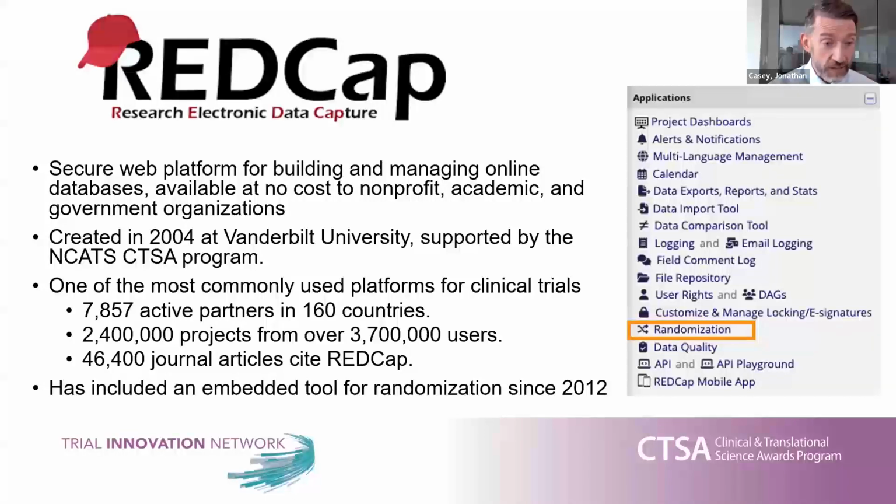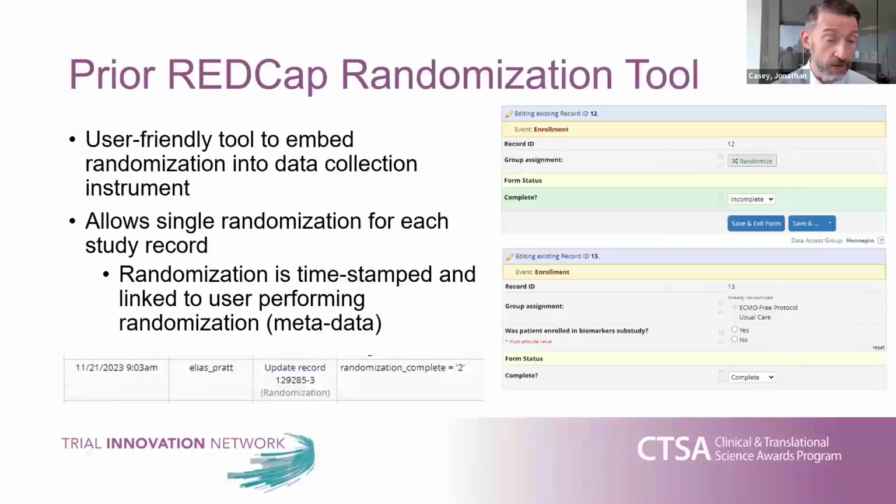There are nearly 8,000 active partners in 160 countries using REDCap, and it has resulted in 2.4 million projects, over 3.7 million users, and nearly 50,000 journal citations. And REDCap has included a tool for randomization that's been embedded within the platform since 2012. We'll start by talking about what you could historically do with this randomization tool.